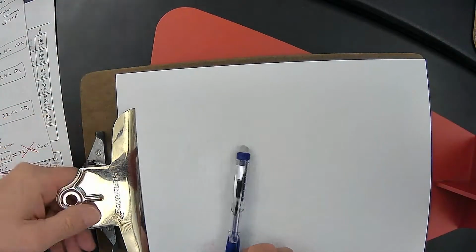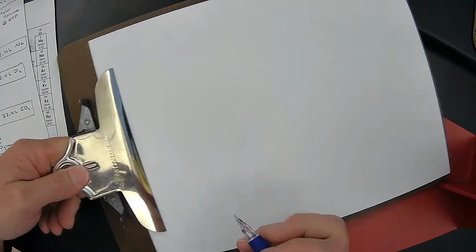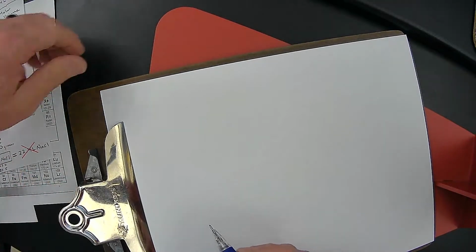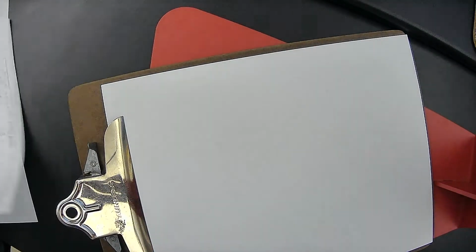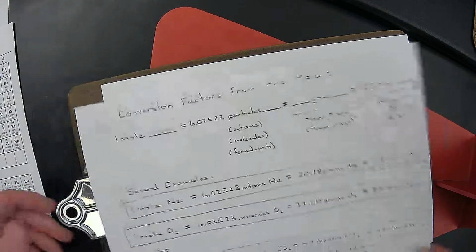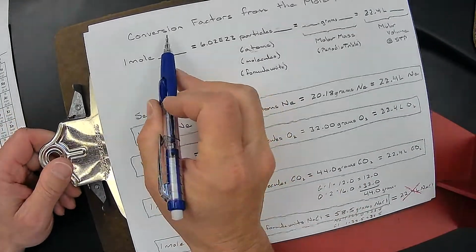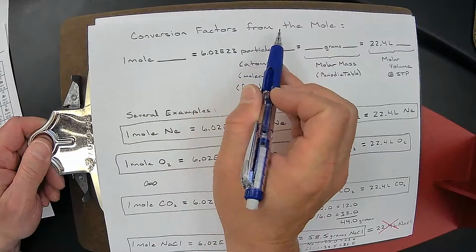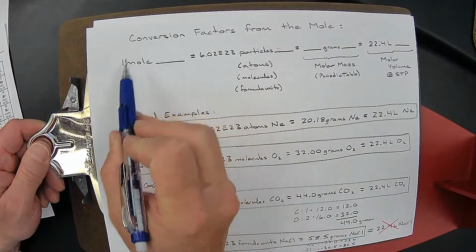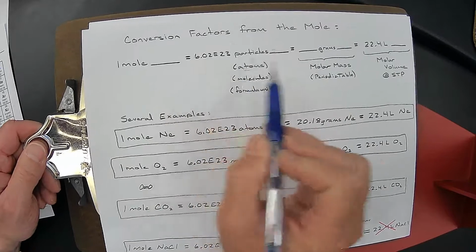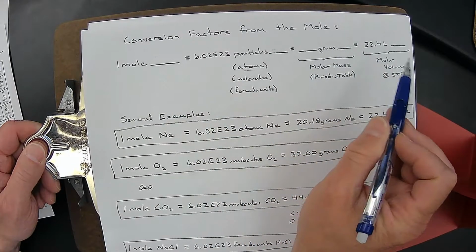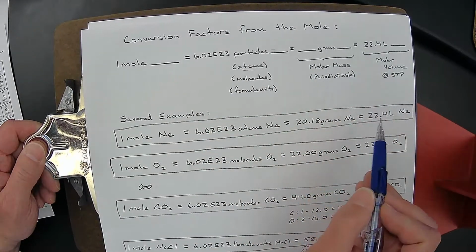In this video, we're going to go through using the conversion factors that are generated from a mole. In the last session on the video, we looked at how you generate conversion factors from the mole. There are 4 conversion factors that are generated from the mole if the substance is a gas.